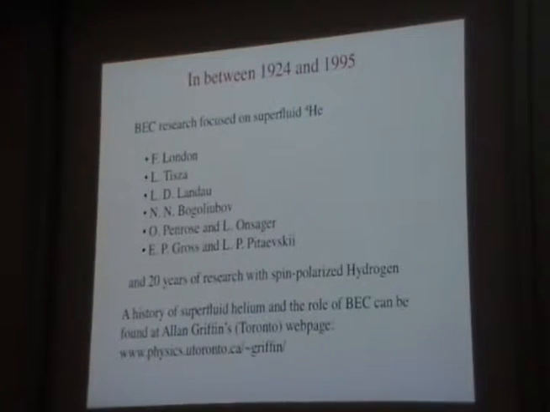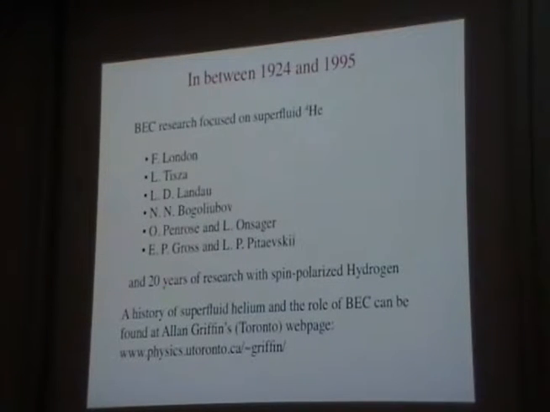And so people realized that spin-polarized hydrogen had some nice properties that might allow it to undergo Bose-Einstein condensation if you got to a low enough temperature. And so a number of groups were involved in this, including people like Dan Kleppner and Tom Greytak at MIT, Isaac Silvera at Harvard. There was a major group in the Netherlands also involved in this kind of research.